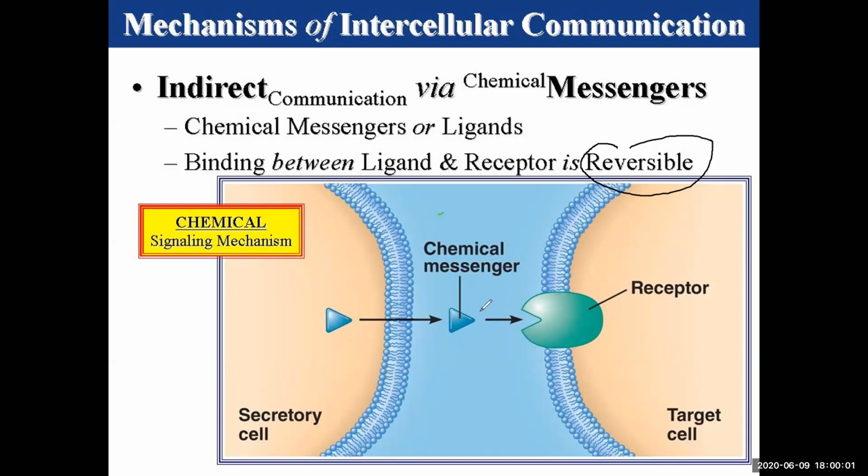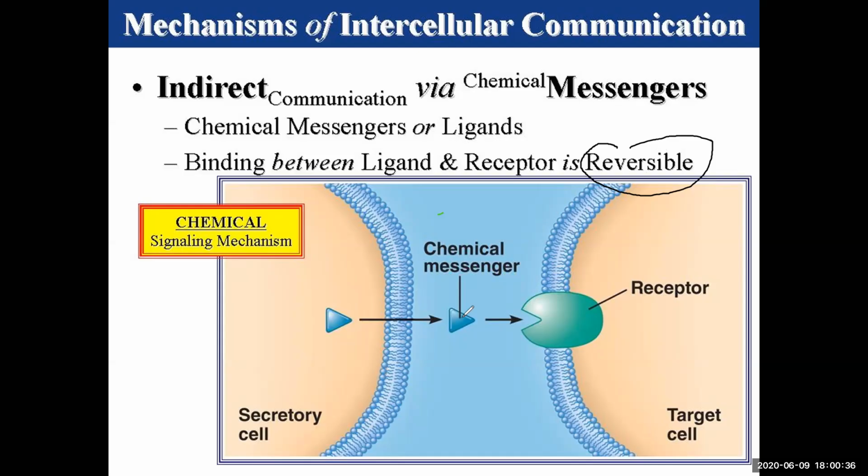And once the chemical messenger has done its job, it needs to be deleted. It needs to be neutralized. That's another issue with the chemical messenger signaling mechanism: you need to kill off the messenger, literally. So if there's a new message coming, the target cell can know about it. If you allow an old messenger to lie around, then there's no way for the cell to know whether this is an old signal versus a new signal, right?